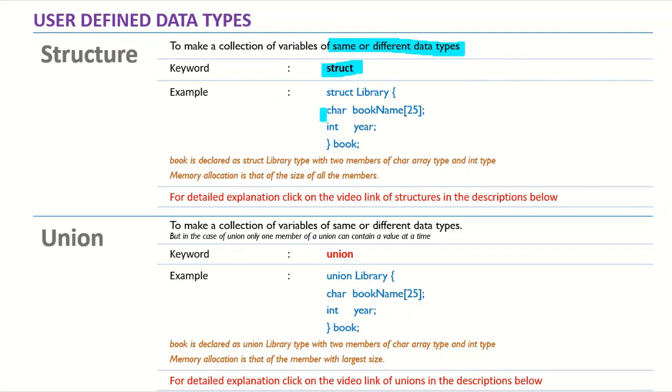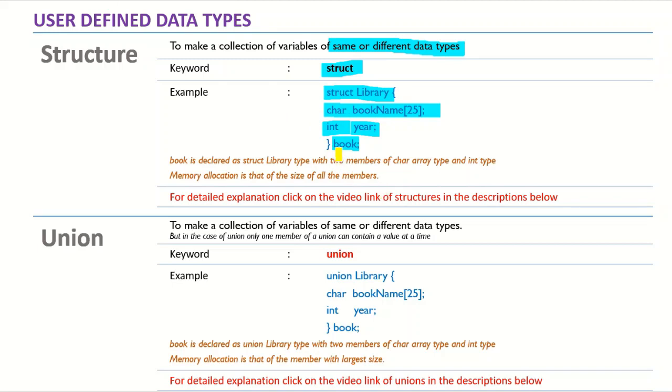In the example, two members, book name of 25, which is a character array, and year, which is an integer data type, are made members of struct library, which is the structure, and the variable book is declared as struct library type having these two members.